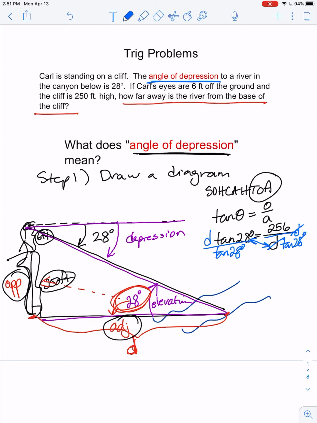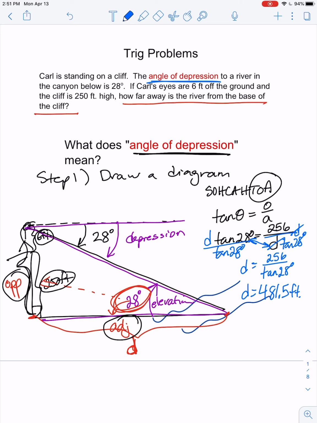So what really just happened is that D equals 256 divided by the tan of 28 degrees. I'm just going to do that on my calculator. 256 divided by tan of 28, and that is D equals 481.5, and this is going to be feet in this case.